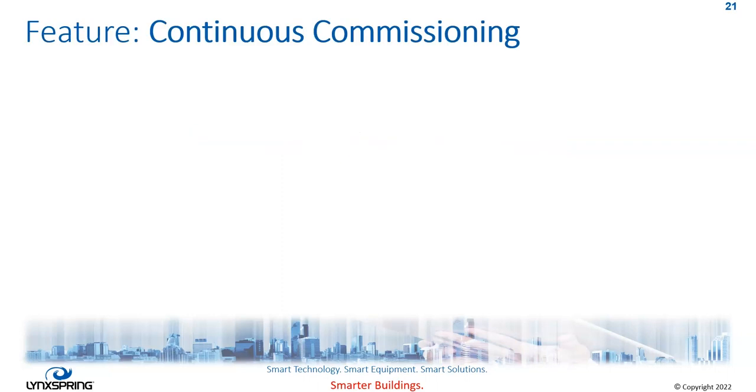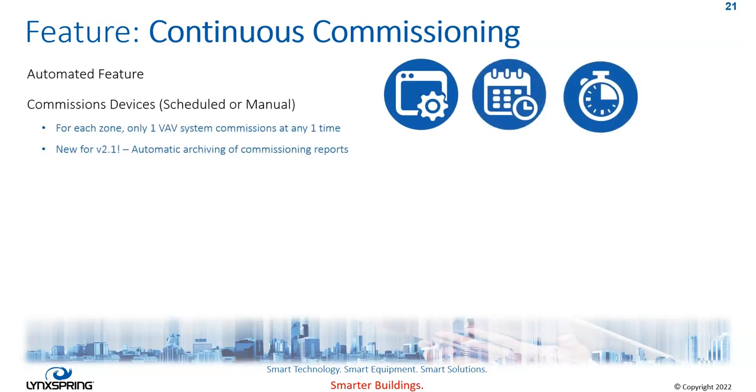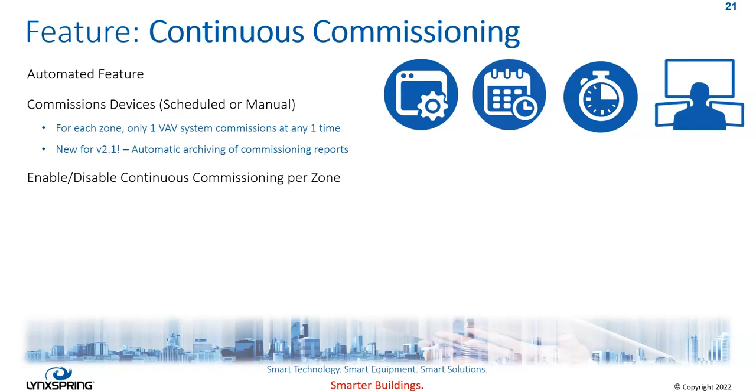So now that we've just reviewed the basis for the continuous commissioning, this is just going to be a brief recap. Again, this is just an automated feature that commissions devices either on a schedule or manually. You can enable and disable continuous commissioning per zone. I like to do this during the summer.